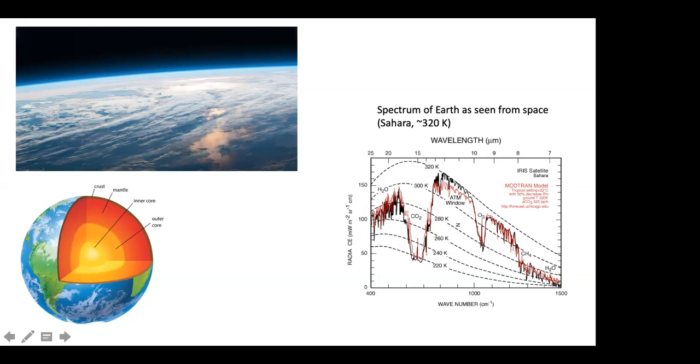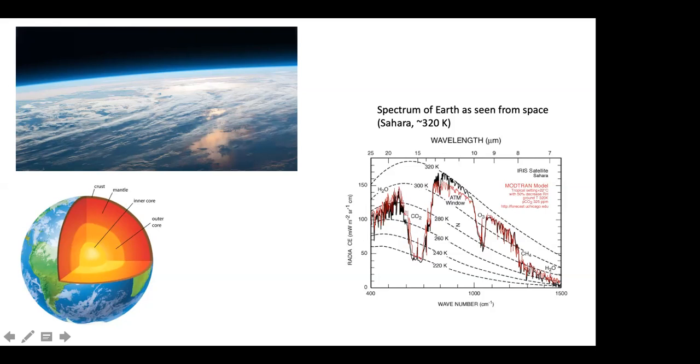Actually, it is not exactly that, because if you take, for example, the spectrum of the Earth taken from above, from space, more or less at the Sahara Desert. There, the temperature is 320 Kelvin, more or less.